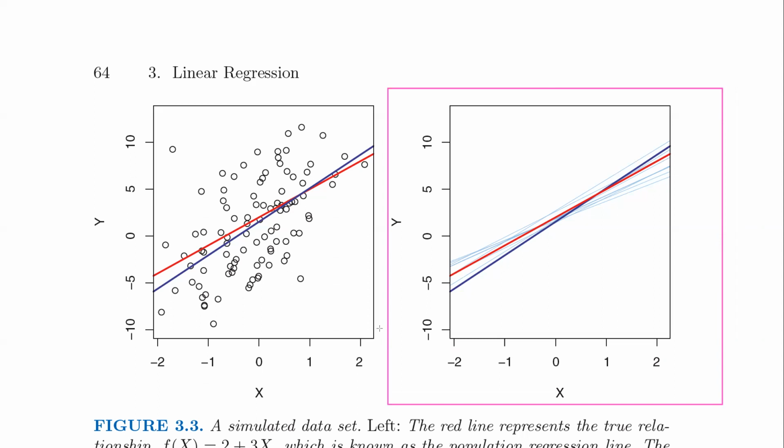So it has tried to approximate the red relationship, which is the true relationship, which is the relationship we won't have in practice, for the simple reason that if you knew the true relationship, then why create a model in the first place? But 10 times, and 10 times in what sense? Based each time on a different data set.